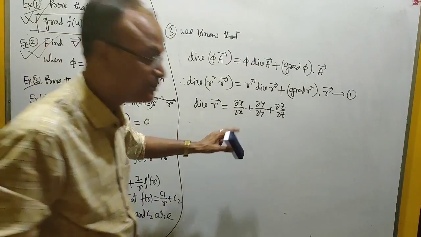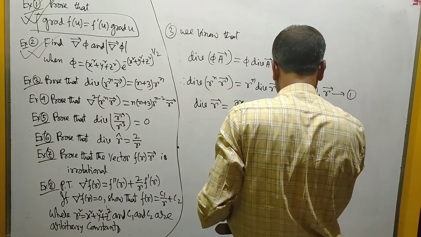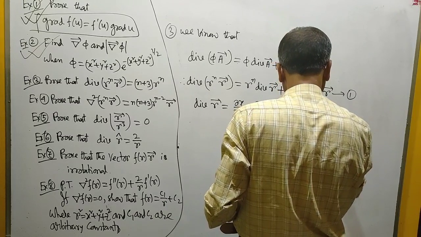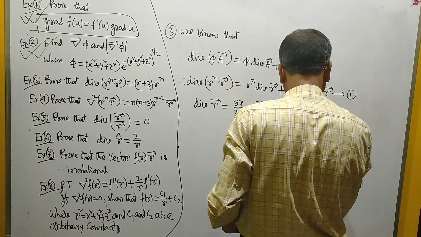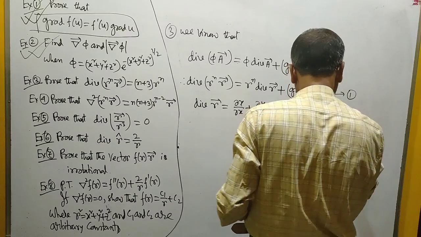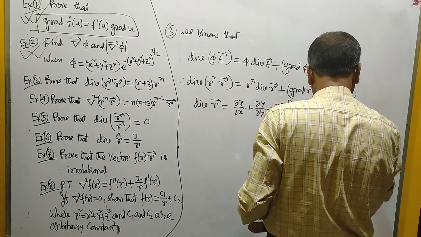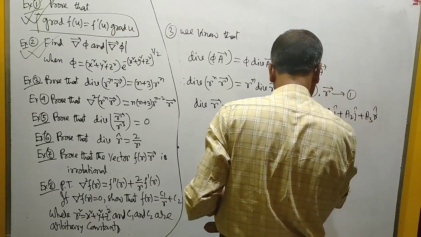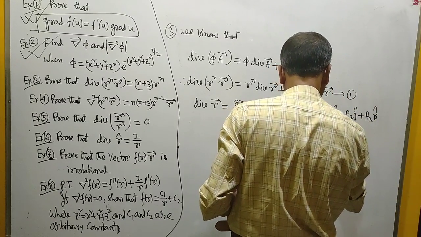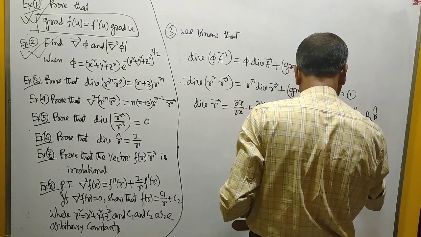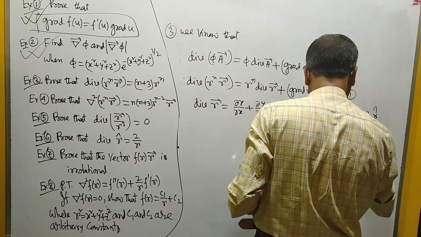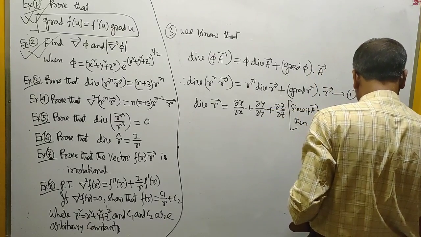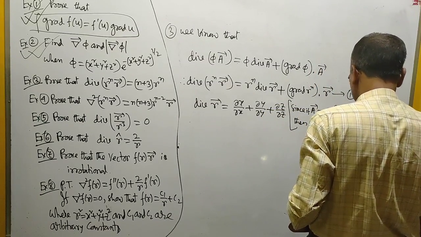You may write like this because if A vector equal to a1 i cap plus a2 j cap plus a3 k cap, then divergence of A vector equal to del a1 by del x plus del a2 by del y plus del a3 by del z.